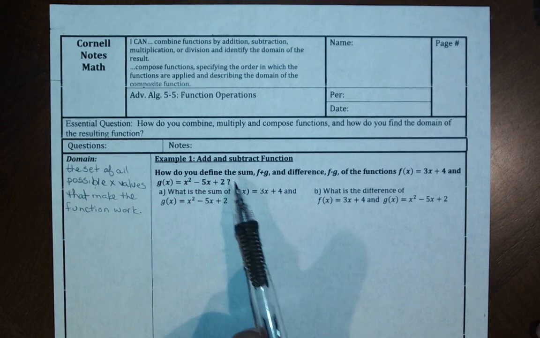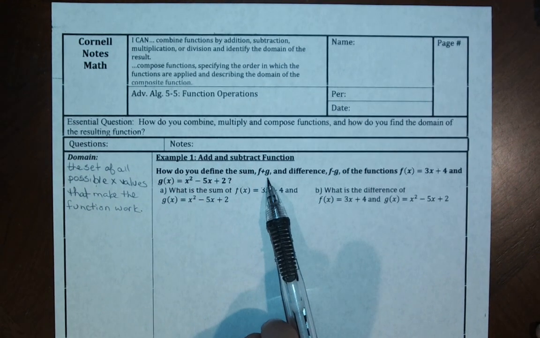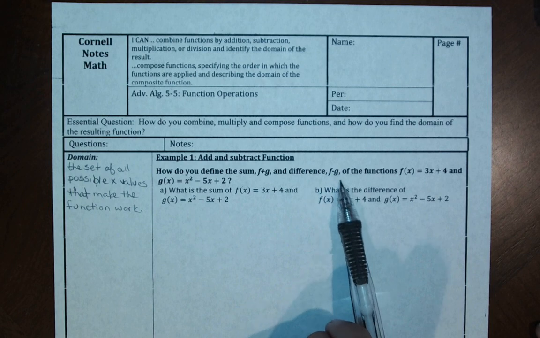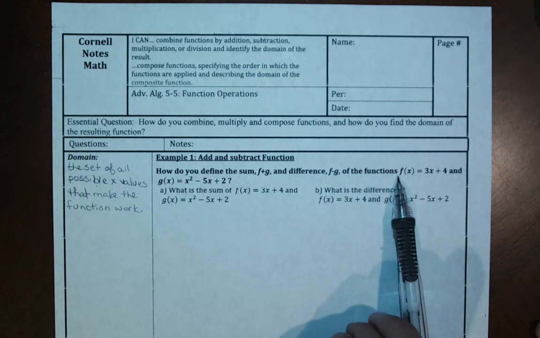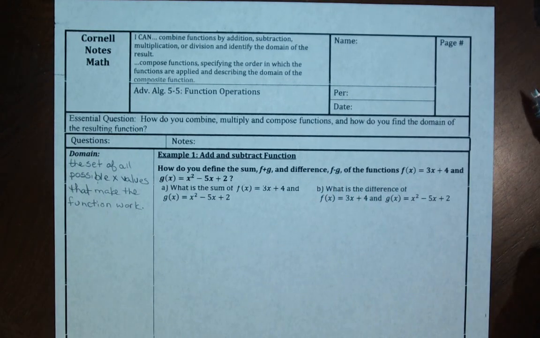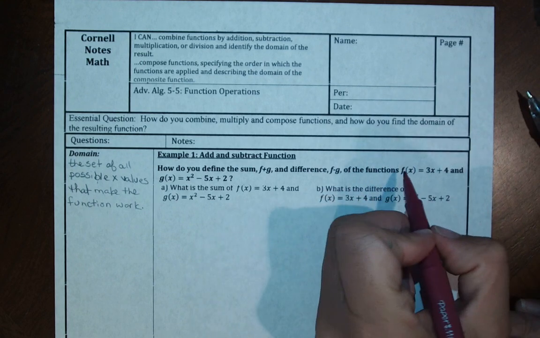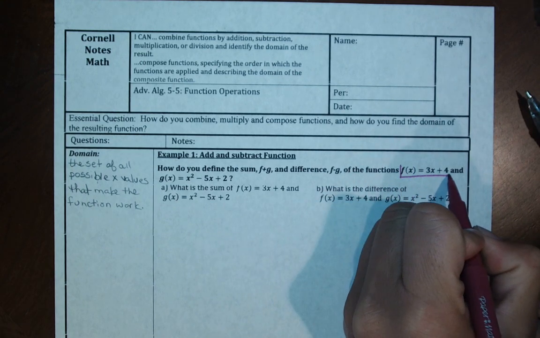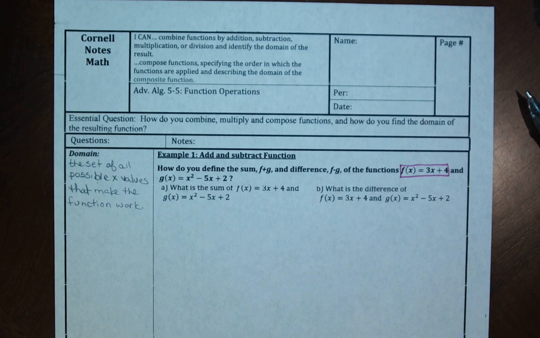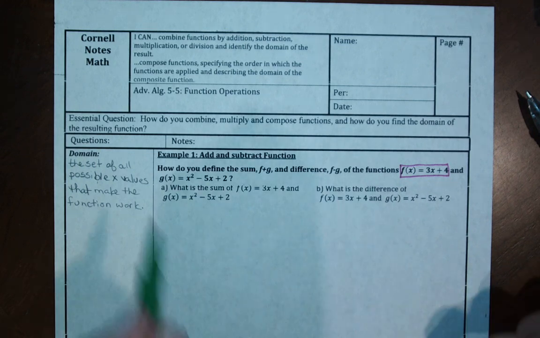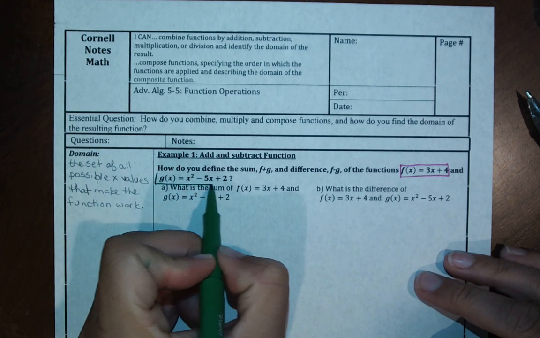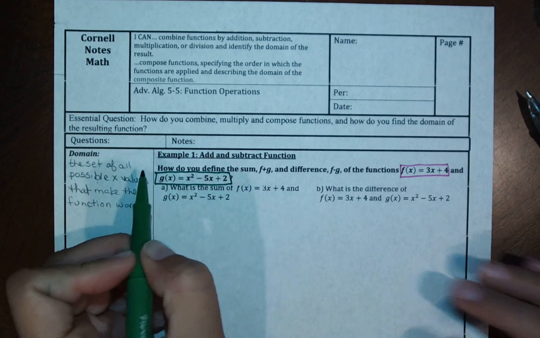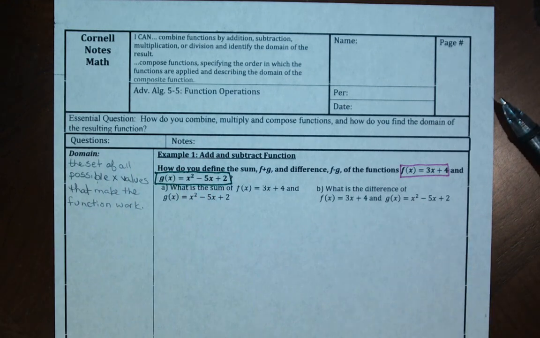Okay, so how do you define the sum f plus g and the difference f minus g of the functions where the function f of x is defined as 3x plus 4 and the function g of x is defined as x squared minus 5x plus 2? So we have some new notation here.